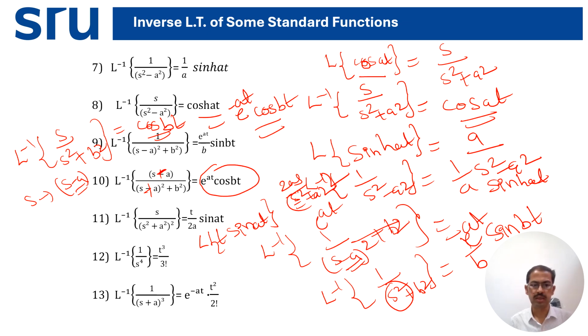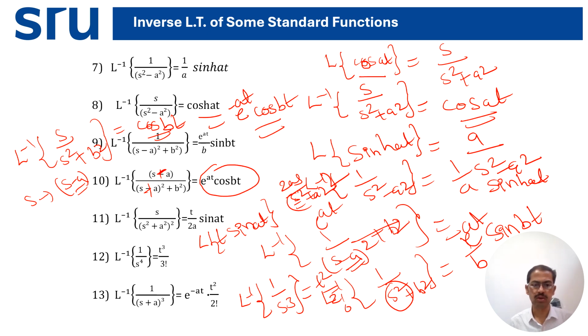And next, the inverse Laplace transform of 1 by s plus a whole cube. First of all, what is the inverse Laplace transform of 1 by s cube? It is t square by 2 factorial. It is obtained from the Laplace transform of t power n, a general formula.